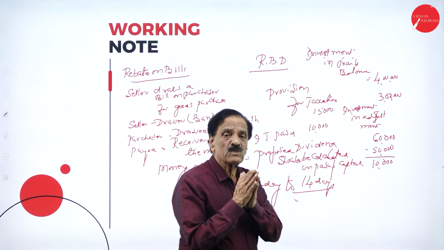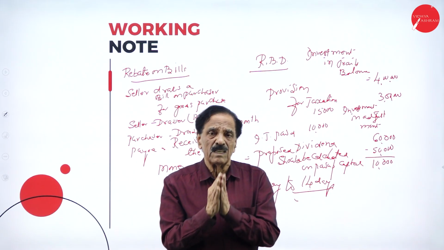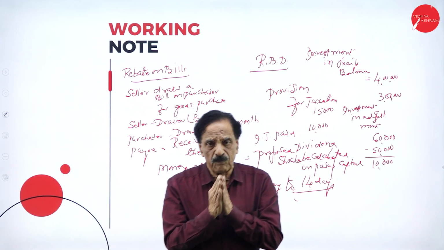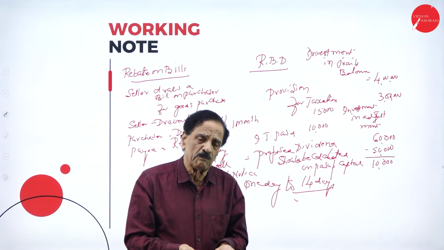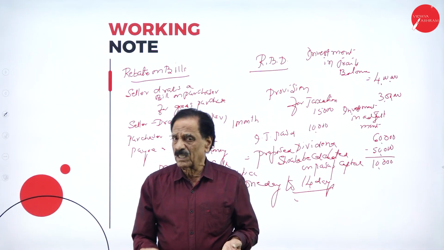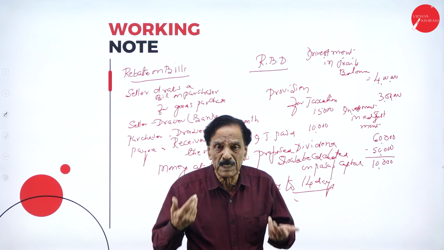So first you have to learn the schedules. Schedule number 13, interest earned, that is interest and discount. Schedule number 14, other incomes, that is commission and brokerage, rent, that is locker rent. Schedule number 15, interest expended, interest paid by the bank.